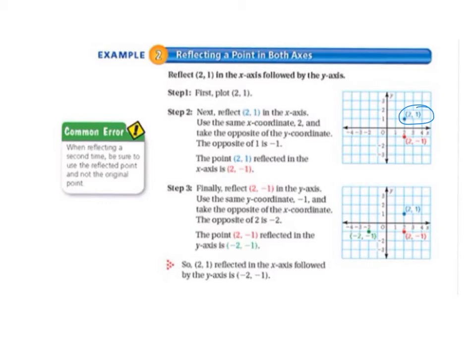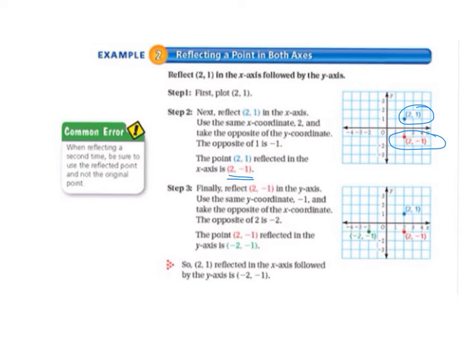So we use the same x-coordinate, 2, and take the opposite of the y-coordinate. The opposite of 1 is -1, so we plot that. So the point 2, 1 reflected in the x-axis is 2, -1.